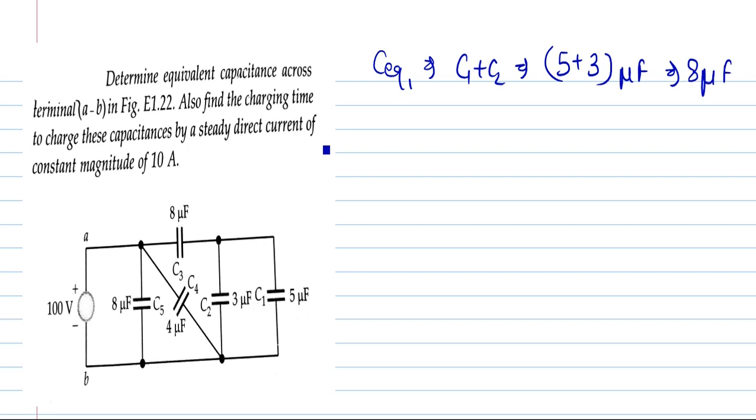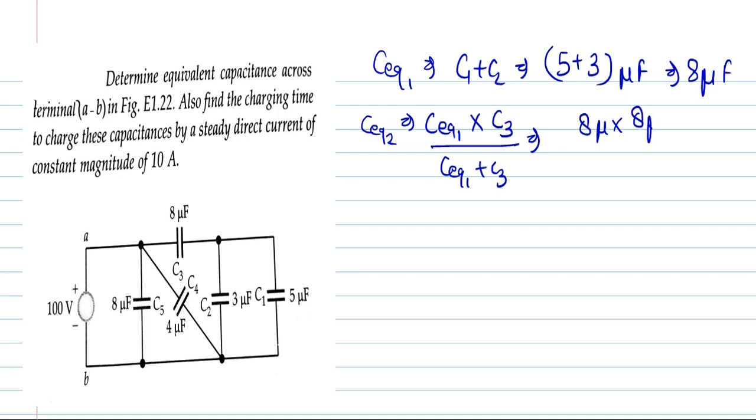Now we can see this combination will come in series with C3. So C equivalent 2 equals C equivalent 1 into C3 upon C equivalent 1 plus C3. That gives us 8 micro into 8 micro upon 8 micro plus 8 micro, that is 64 micro upon 16, which equals 4 microfarad.